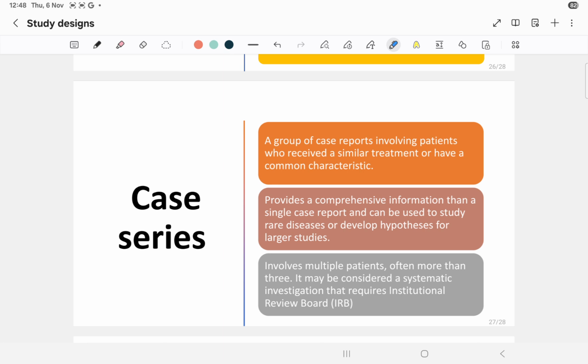It takes care of the safety aspects of patients, that patients are safe during the clinical trial or research, and it takes care of the ethical concerns. So it is a committee which ensures that patients are safe in the hospital, patients are safe in the clinical trials, and it also ensures that standard ethical practices are being followed in the hospital.